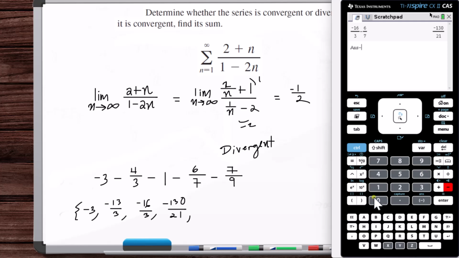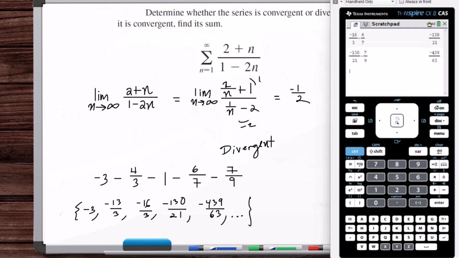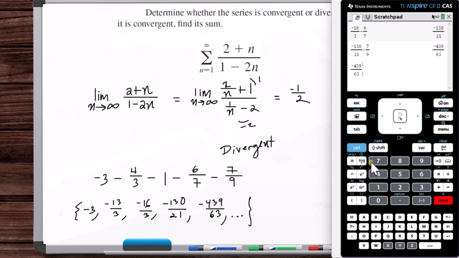And then that minus 7/9 is minus 439 over 63. So I'm assuming that this should be bigger than minus 6.9, and then this is minus 6.19, and then 16/3.